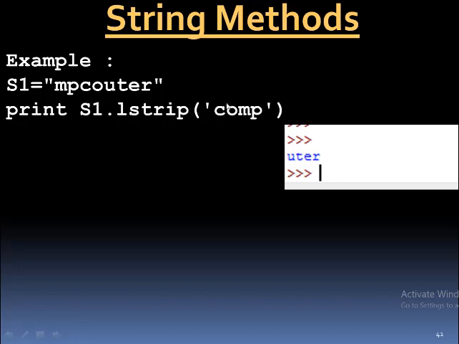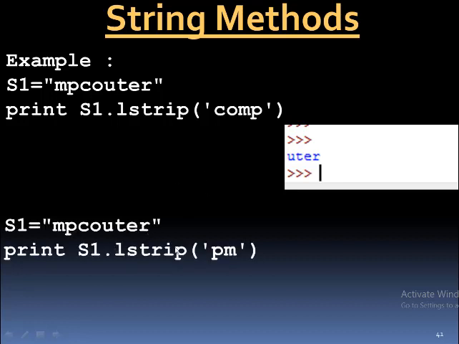Whatever you write within the round brackets, any combination of this substring, if it appears on the left hand side of the string, it will be removed. Like here, this bracket is missing.